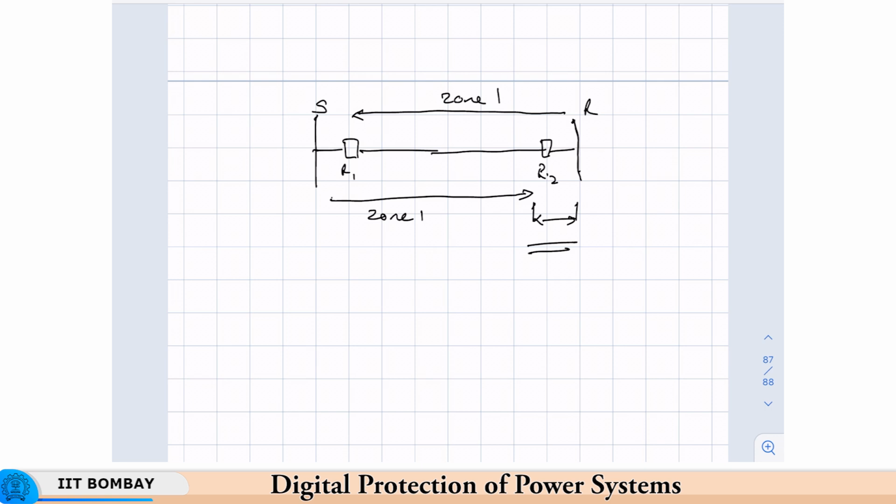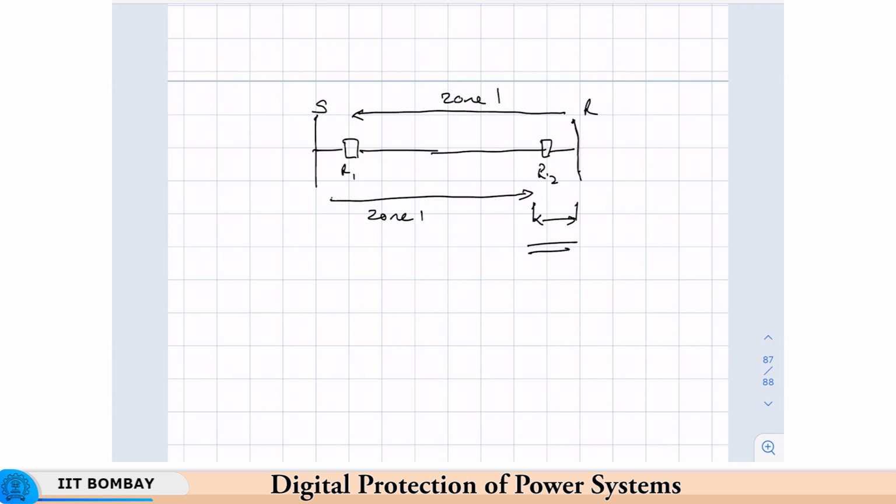Using information means, of course, various things. You could use the current information, or just the phase information, or some other information. But what is common is it will require some means of communication, which is known as pilot wire communication. Of course, you could use the transmission line itself, since it is connected between the ends S and R.